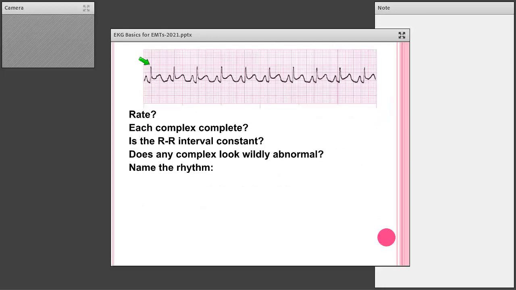All right, so here, again, we're looking at the rate, if each complex is complete with a P wave for every QRS complex, if it is a regular rhythm, anything crazy, and then we're going to name this rhythm. Okay, so what did you come up with? Did you come up with a sinus rhythm?